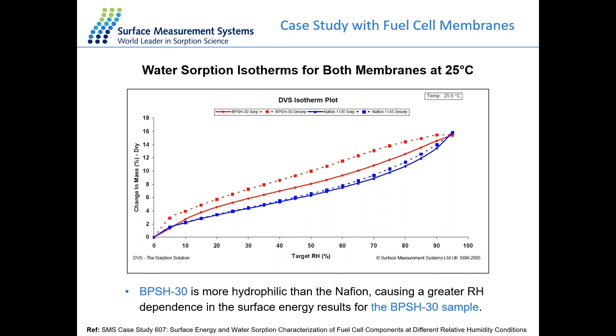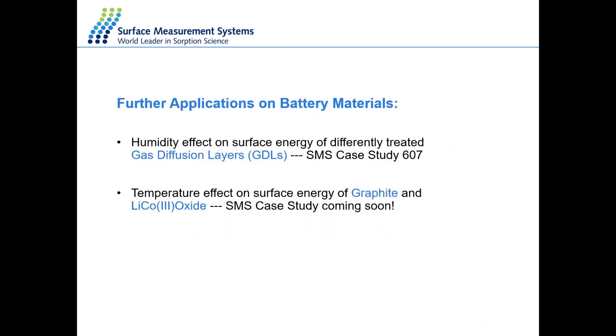Some further work for this study could be to measure other mechanical properties of these membranes, so that we can try to correlate the surface energy with the mechanical properties and give some more ideas about the research and development of fuel cell membranes. And we do have some other applications for battery materials.